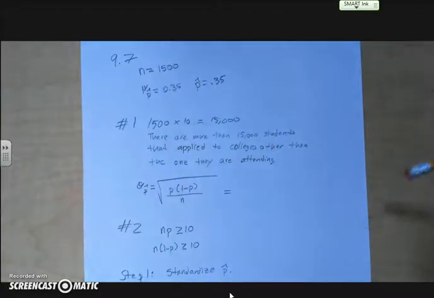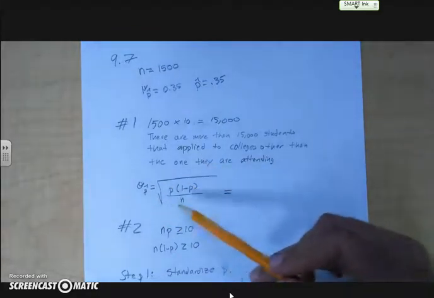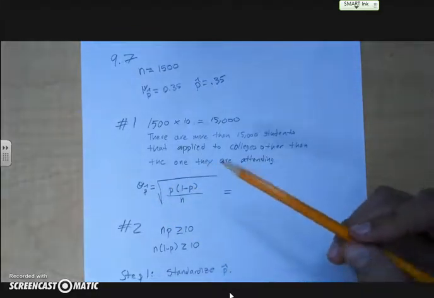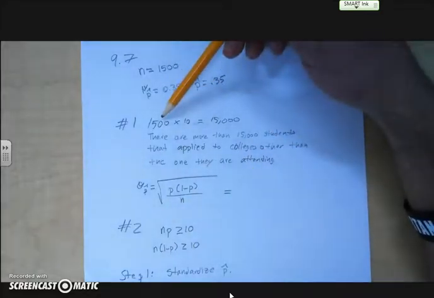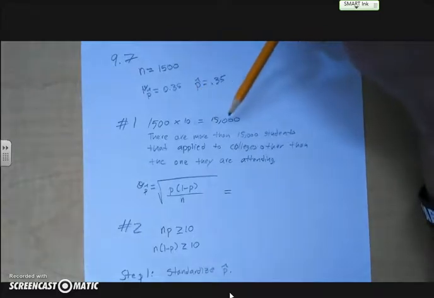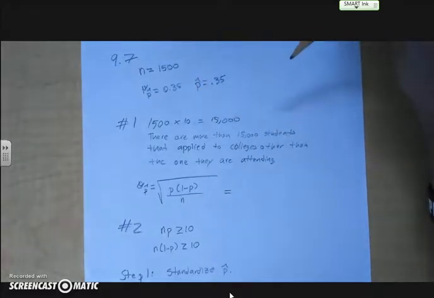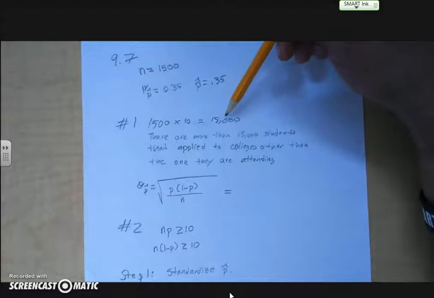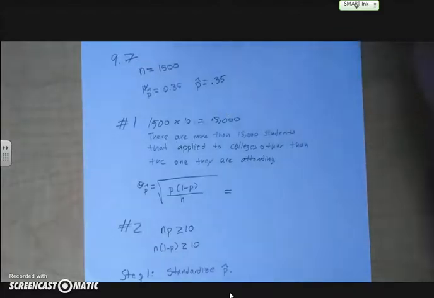Now if I want to calculate standard deviation using the formula that I gave you, this one right here, I have to first check the first rule of thumb. So this right here is me checking the first rule of thumb. I have a sample of 1,500 students. I know that 10 times that amount is 15,000, and there are tons of colleges all over not only this nation but the world, so there's definitely more than 15,000 first year students that apply to colleges other than the one they're attending.